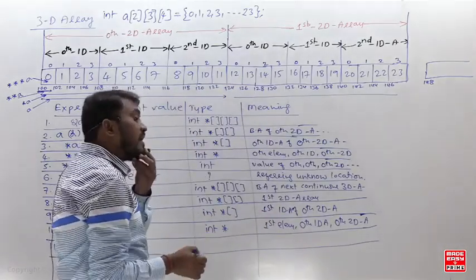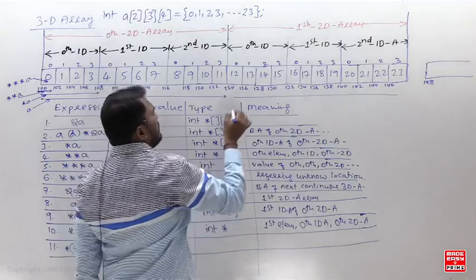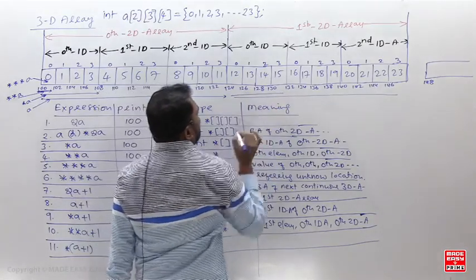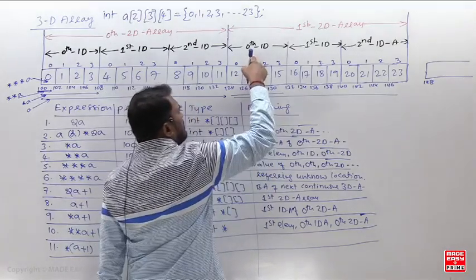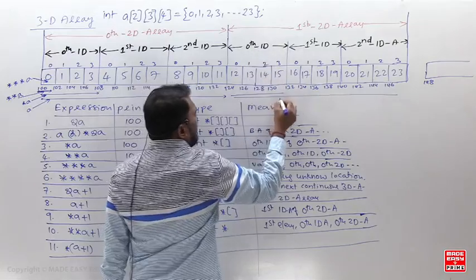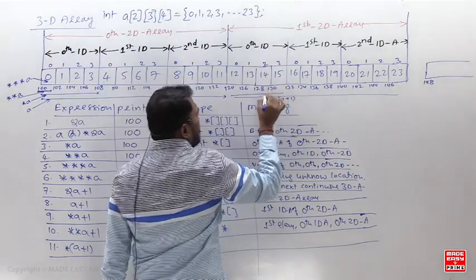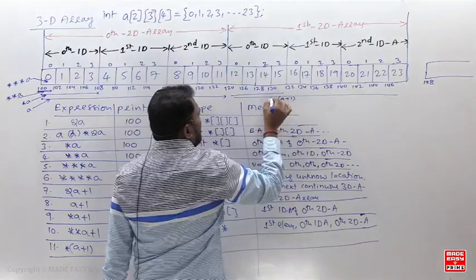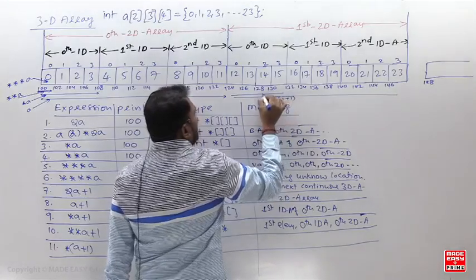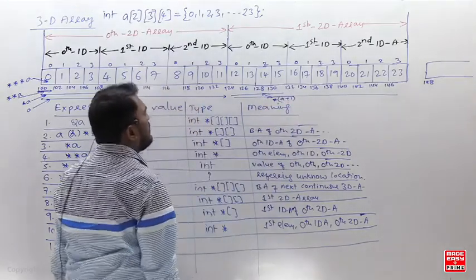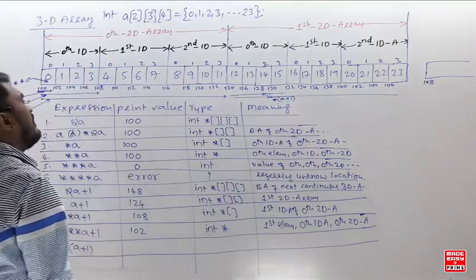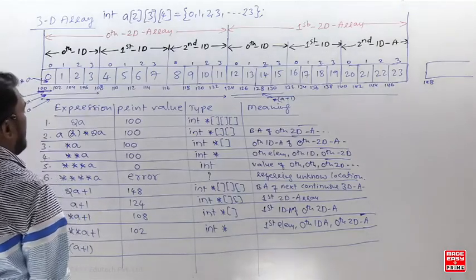If I apply star, what is it going to point to? The 0th 1D array. A plus 1 means it is pointing to this; if I apply star, you go inside and it will point to this one. So the 0th 1D array of the first 2D array.